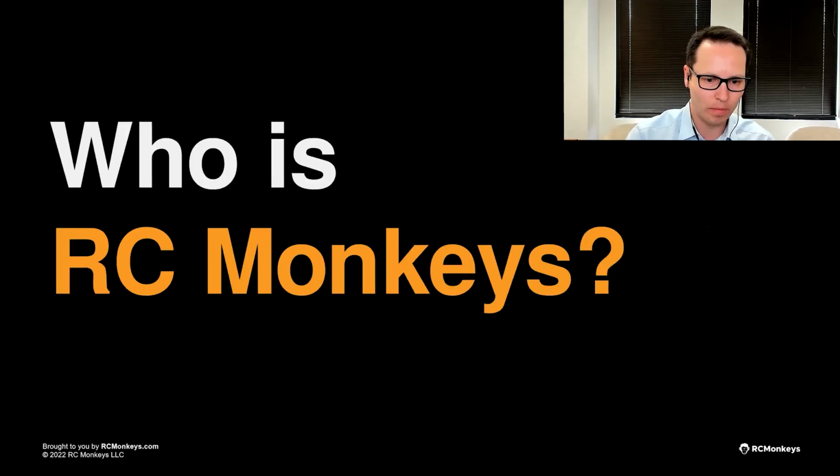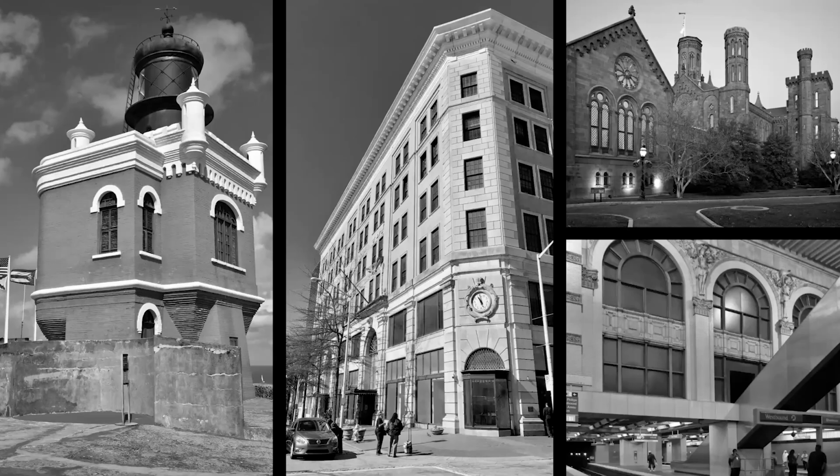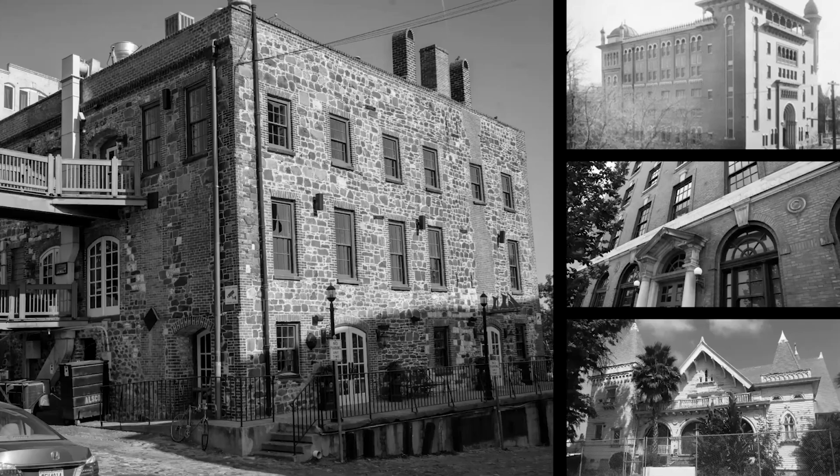Before we look at the camera and the data, I just want to spend a minute on who RC Monkeys is. We focus primarily on documenting historic buildings. We started the company about 4 years ago, and our mission is to preserve American heritage through as-built documentation for buildings built before the 1960s.